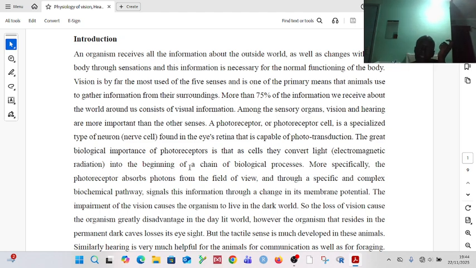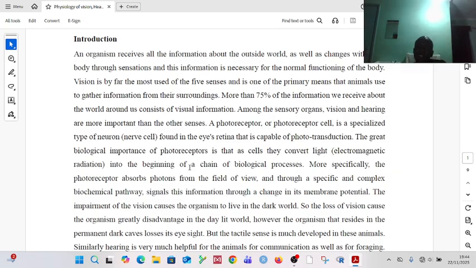A photoreceptor cell is a specialized type of nerve cell found within the retina, and it has the ability to perceive light and then transmit that signal.